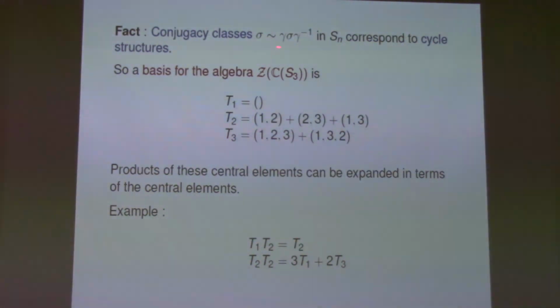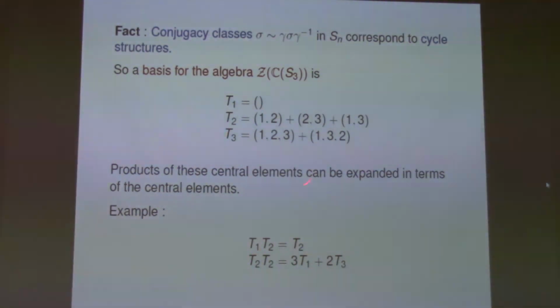So if two permutations are conjugate, they have the same cycle structure. For example, (1 2) and (2 3) have the same cycle structure, the numbers are different, but they are the same cycle structure, so they are conjugate. And these central elements are sums like this, sum of everything with the same cycle structure with equal coefficients. So there are 3 such things because there are 3 cycle structures.